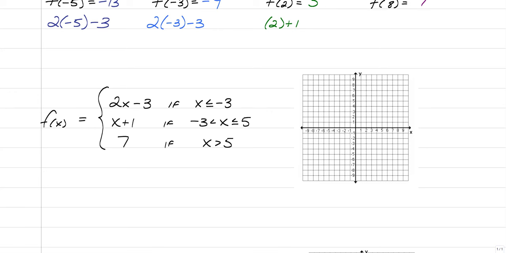I will show you a little tip that you might find helpful when you are graphing piecewise functions, and that is to look at your constraints. Remember, we have a constraint at negative 3, and we have a constraint at 5. Now, one tip that I have found very helpful for students is to draw a dashed vertical line at your constraints. So you have negative 3, and we also have a constraint at 5.